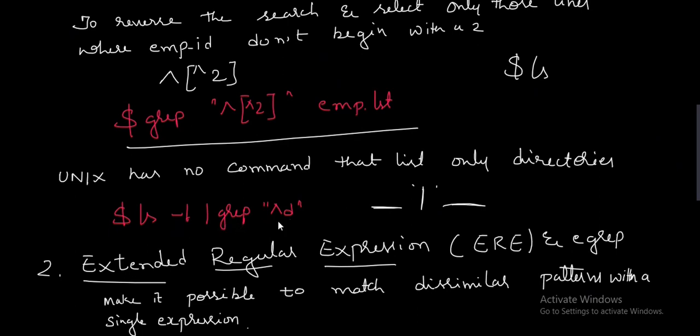You are interested only in seeing the directories. Then specify the pattern. What is the meaning of this? What is the position of the directory indicator in the listing? The first character. If the first character is d, it indicates it's a directory. So now just specify the same thing with respect to the grep command.